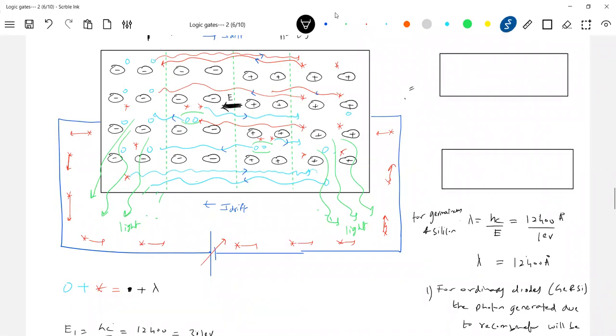Now, there's a valence band. There's a conduction band. Then we have a PN junction diode here. So here are free electrons, and we'll get holes.